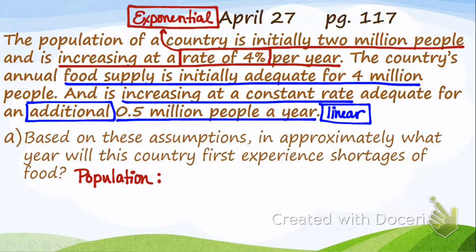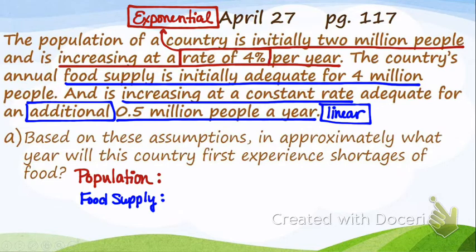And we're going to write an equation for the food supply. Then I'm going to give you guys some time, similar to what we did yesterday, where you can substitute in some values, and we're going to try to narrow down when they will no longer have enough food for all the people.